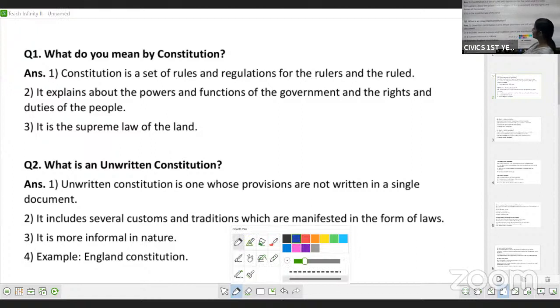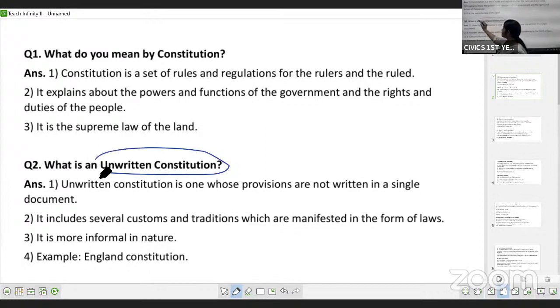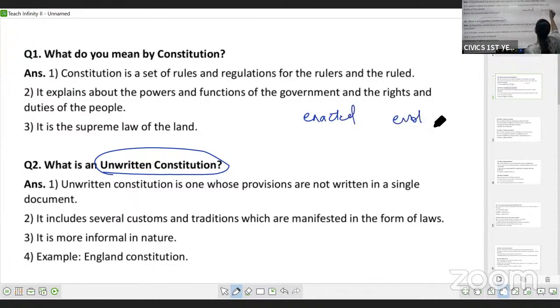The next is, what is an unwritten constitution? When I explained this chapter, I told you the basic classification of Constitution is enacted and evolved. Constitutions are of two types, enacted and evolved. Enacted means it is prepared at one time, by a body of people called Constituent Assembly.